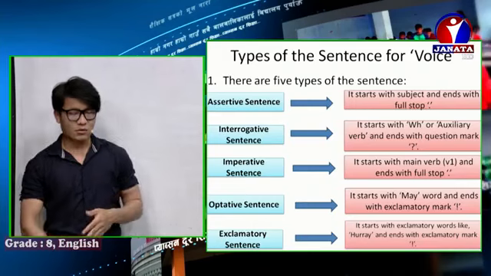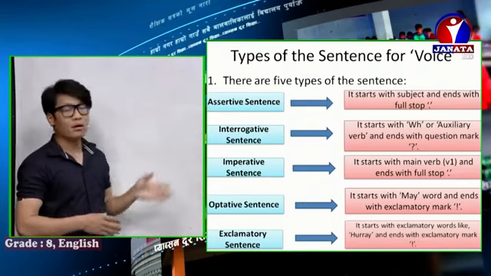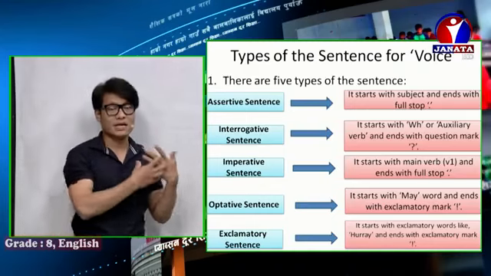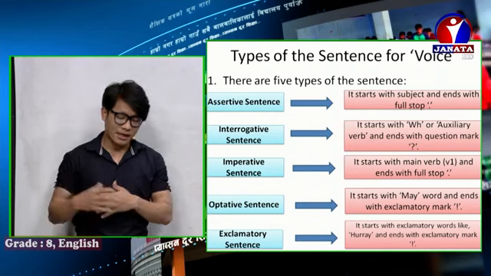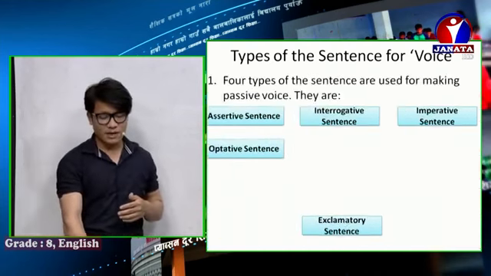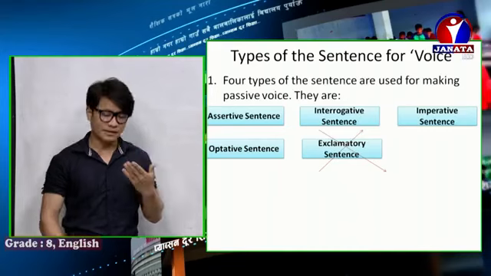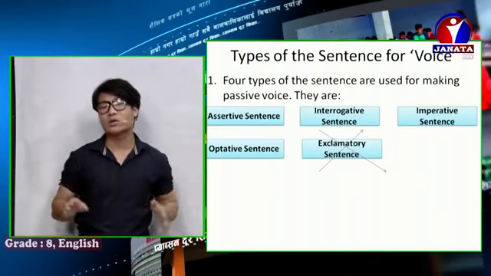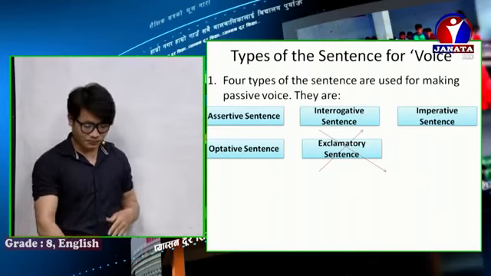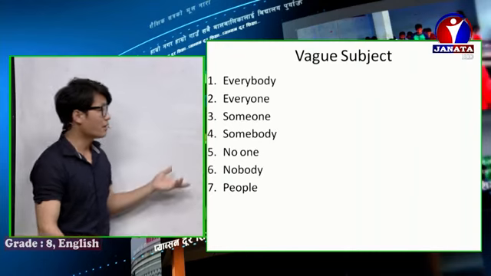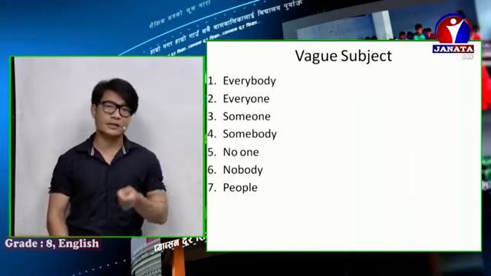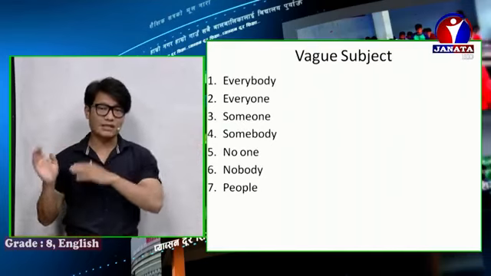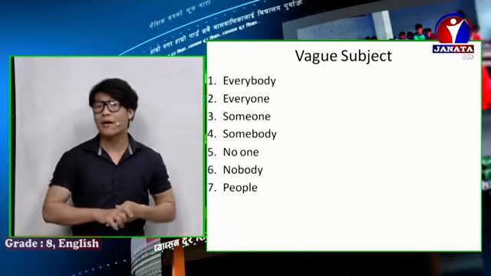I discussed why they are important and for what purpose these types are used. Only 4 types are used in passive voice; an exclamatory sentence is not used in passive voice. I also showed you the big subjects, which come in active voice but are not written in passive voice.